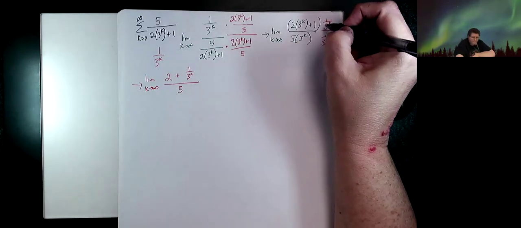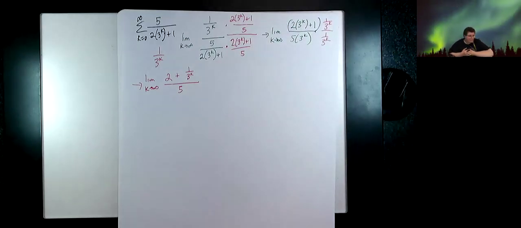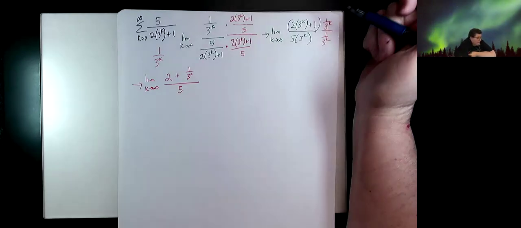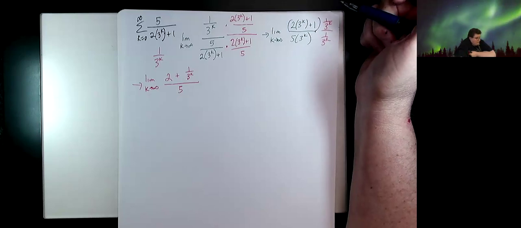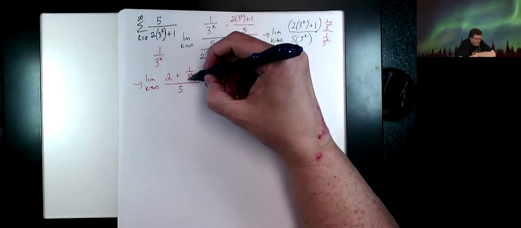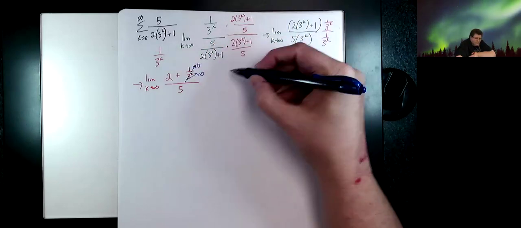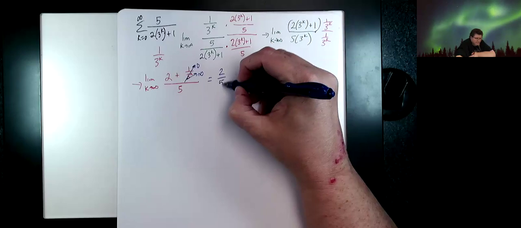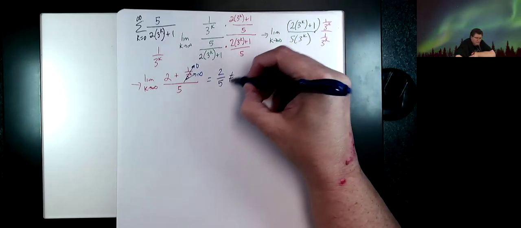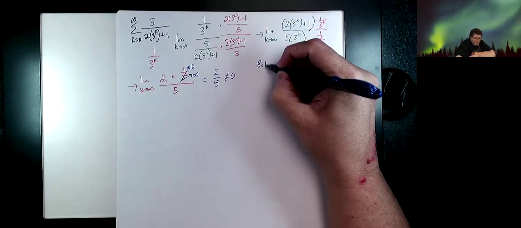It's got to hit each term. As K goes to infinity, 3 to the K goes to infinity, and this goes to 0. And the limit is 2/5, which does not equal 0, so they both converge or diverge.